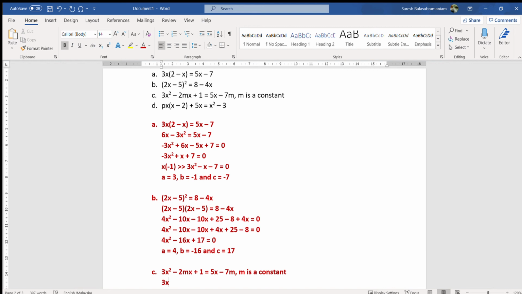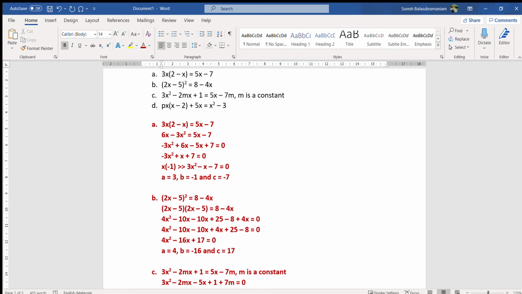right again, 3x square minus 2mx, and I'll bring the 5x to my left, so I'll get minus 5x left with 1, and negative 7m from my right to left, I'll get positive 7m equals to 0.